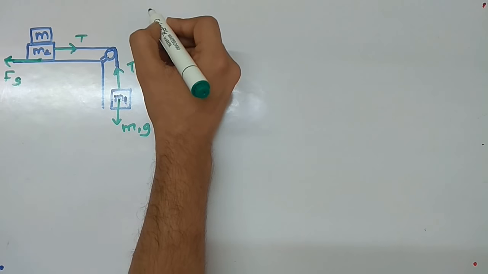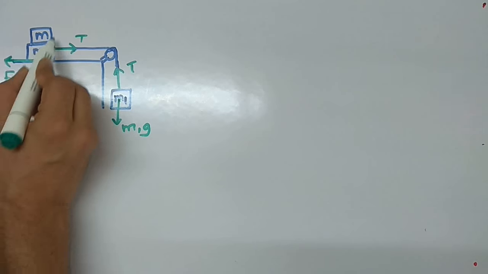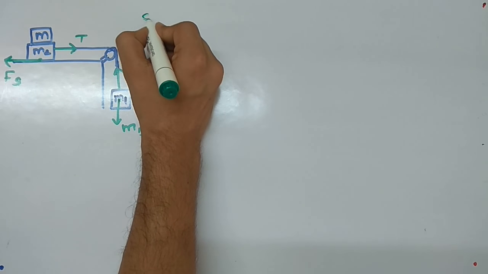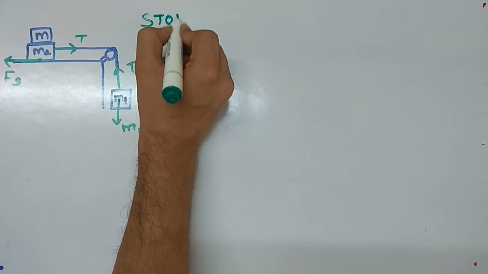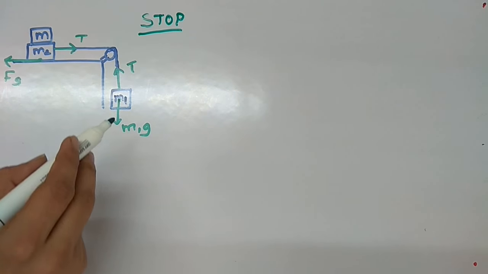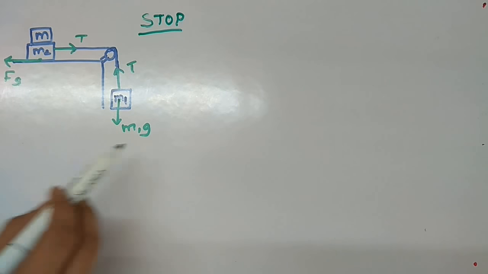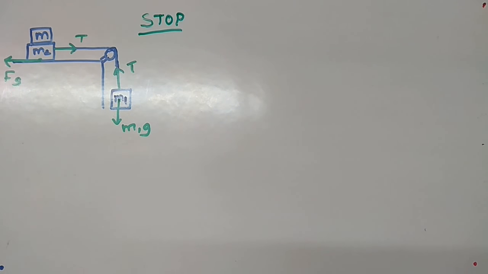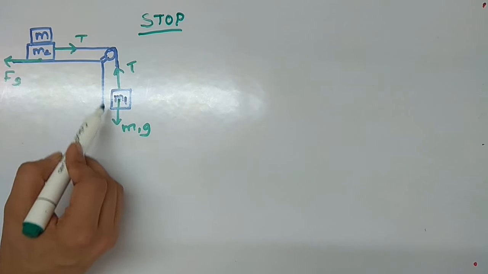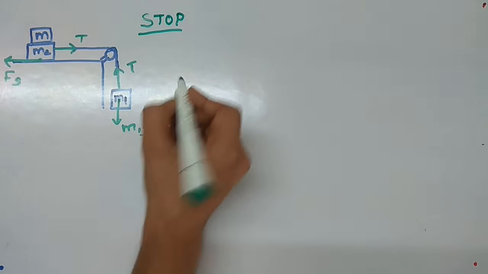Now the question asked is the minimum mass m required to stop the motion. So finally we have to stop the motion. That is, we can consider that the system has to be in equilibrium at the end. If the system is in equilibrium, that is, if this object is not moving, then upward force should be equal to downward force.